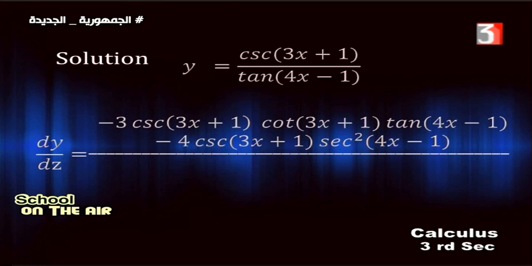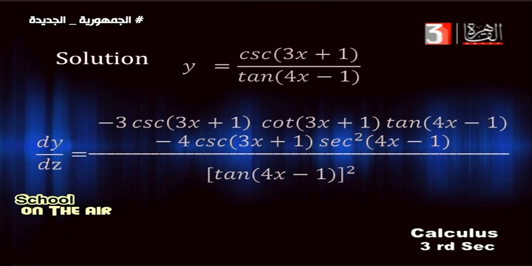Then the derivative of cosec 3x plus 1 over tan 4x minus 1 equals negative 3 cosec 3x plus 1 cotan 3x plus 1 multiply tan 4x minus 1, and the second term, negative 4 cosec 3x plus 1 sec squared 4x minus 1, all over tan 4x minus 1 all to the power 2, or tan squared 4x minus 1.